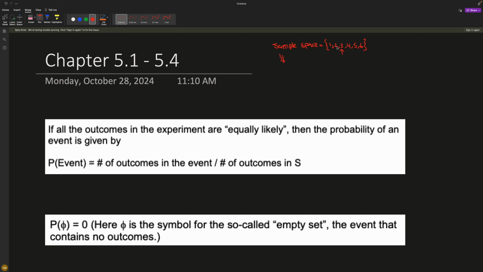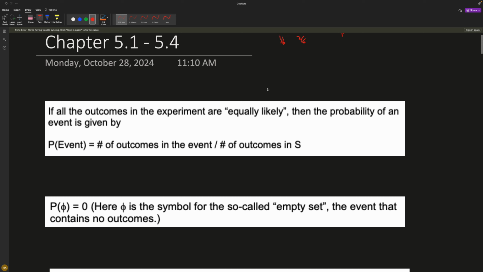If there are 2 3s, then it's 2 out of 6, because there are 2 of them. I don't know how else I could word this, but I hope that gets you there.